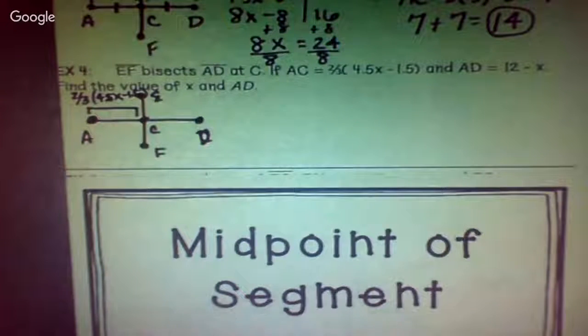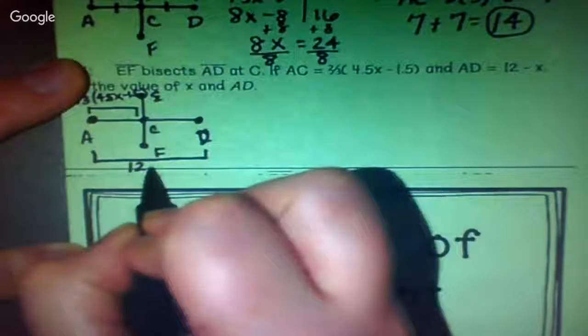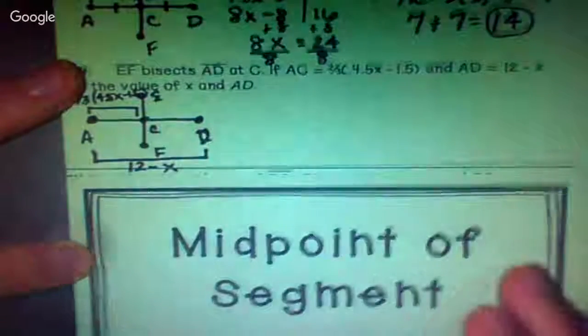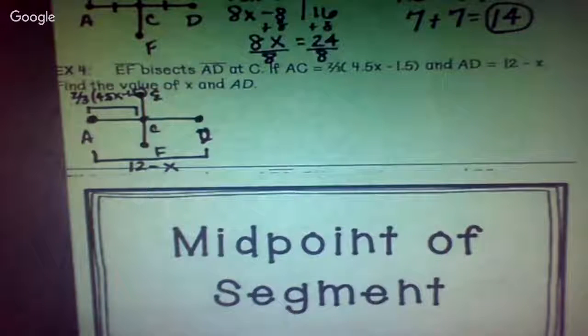What's the other piece of information they give us, though? AD. They give you that this whole section is 12 minus x. So they don't give you the other little piece, so you can't set them equal to each other. That's a problem.